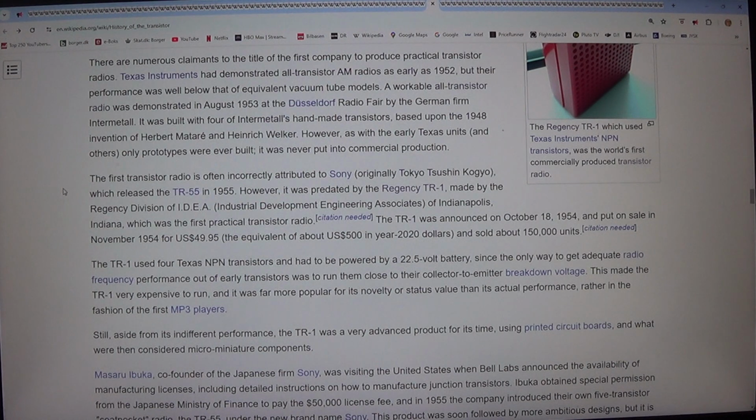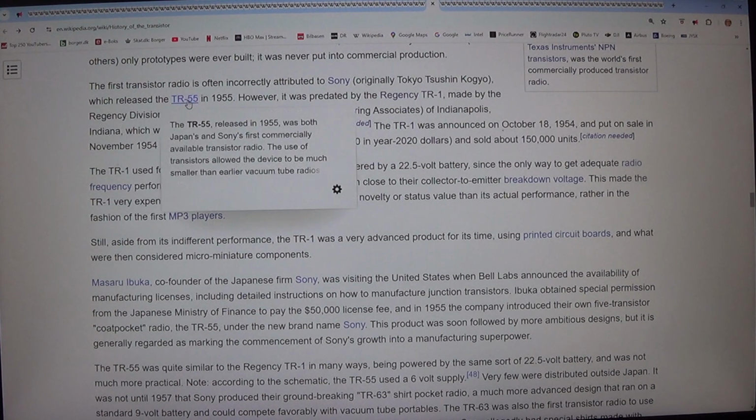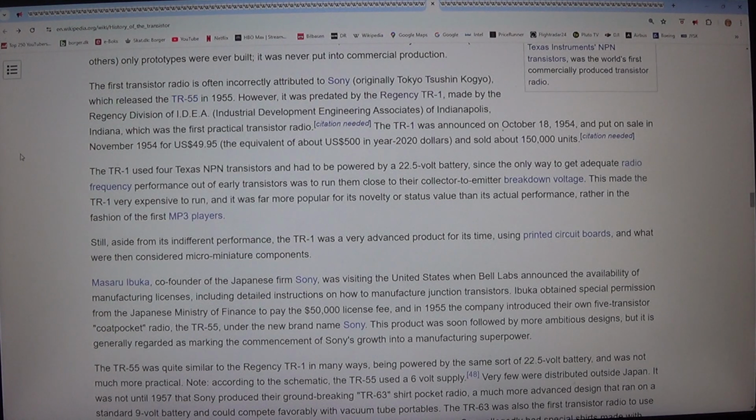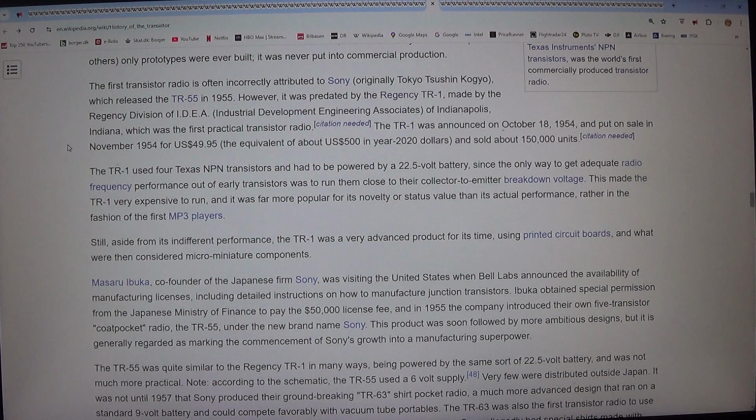The first transistor radio is often incorrectly attributed to Sony, originally Tokyo Tsushin Kogyo, which released the TR-55 in 1955. However, it was predated by the Regency TR-1, made by the Regency Division of I.D.E.A., Industrial Development Engineering Associates, of Indianapolis, Indiana, which was the first practical transistor radio.